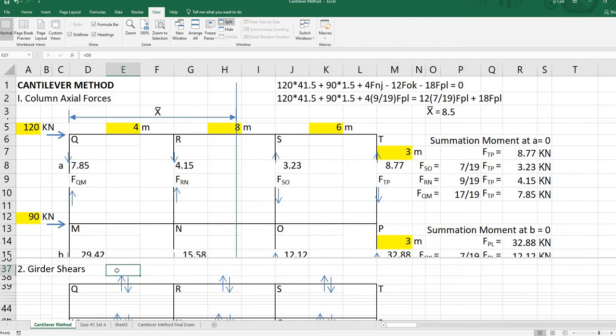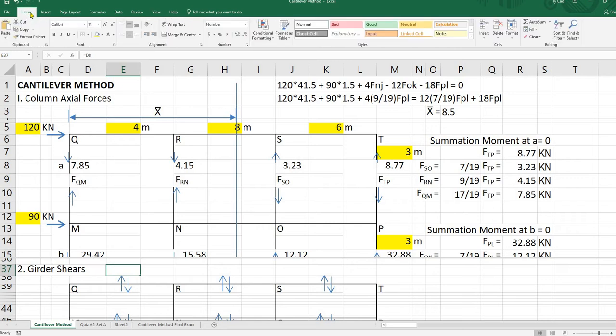Okay, so this is simply equal to 7.85 pero negative direction. Okay, so that is equal to negative 7.85. Okay, so let's check. Ayan.